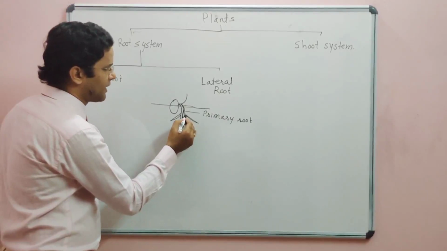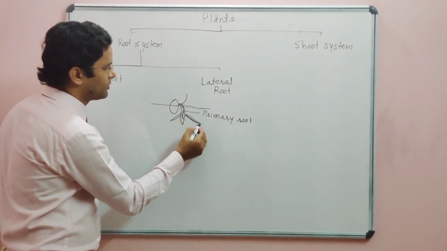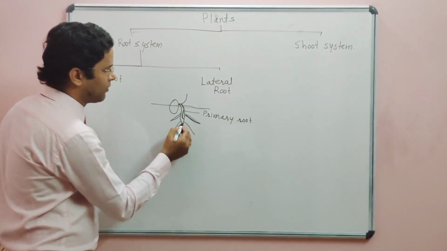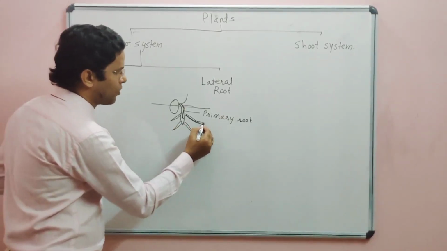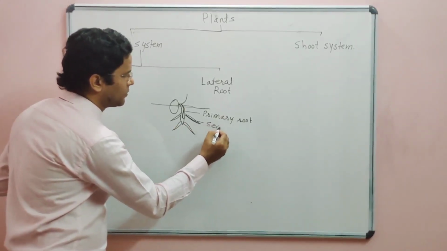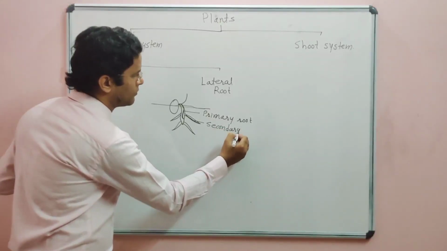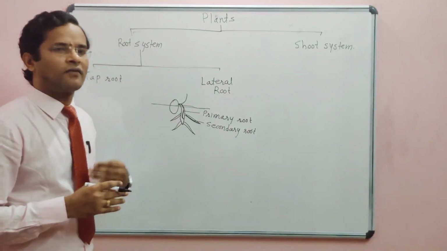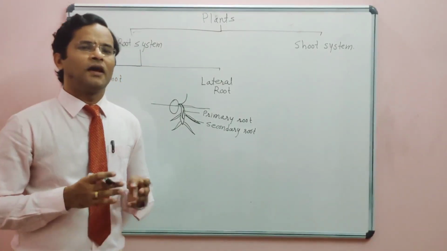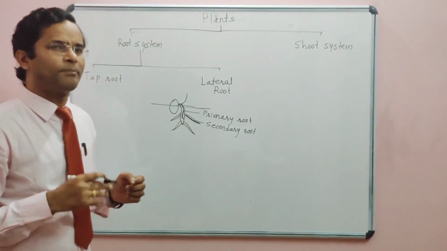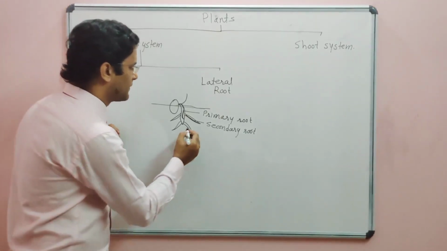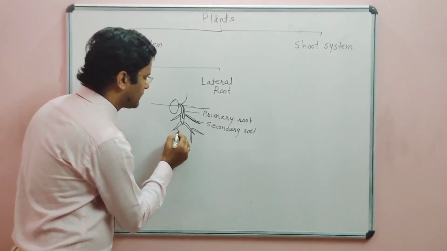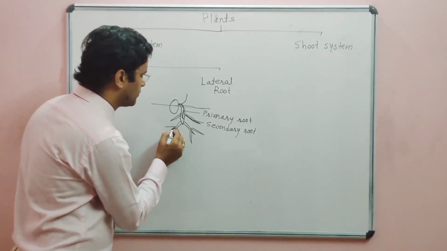The branches of the primary root are called the secondary root. Then the secondary roots further divide and develop into branches or sub branches, and those sub branches are known as the tertiary root.